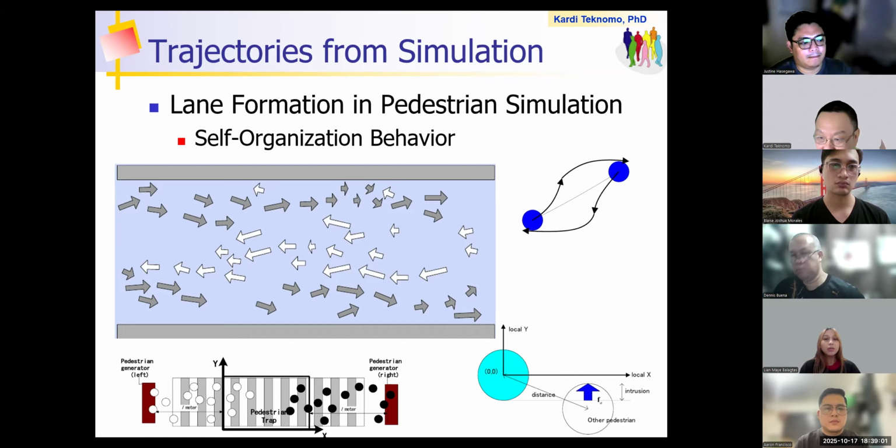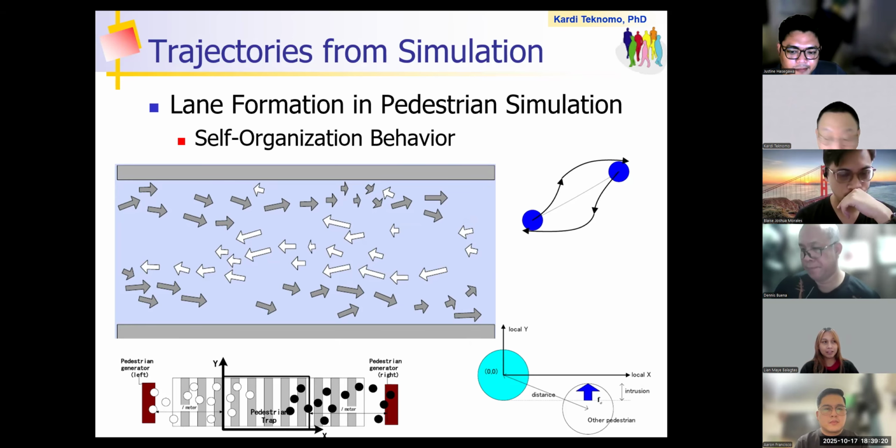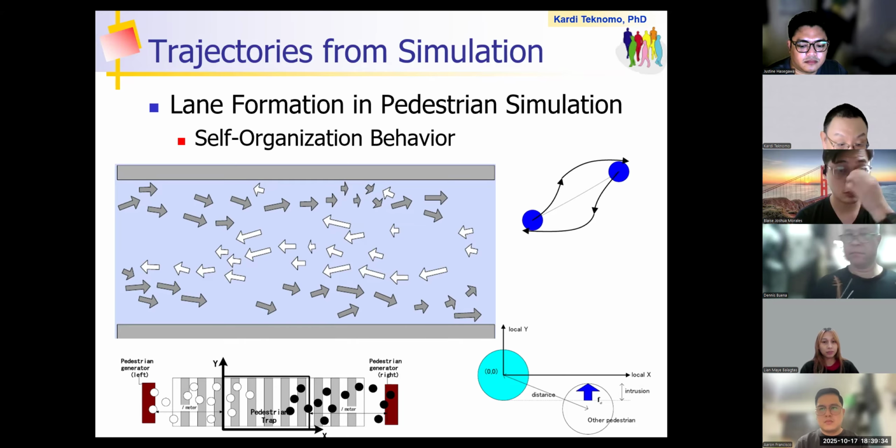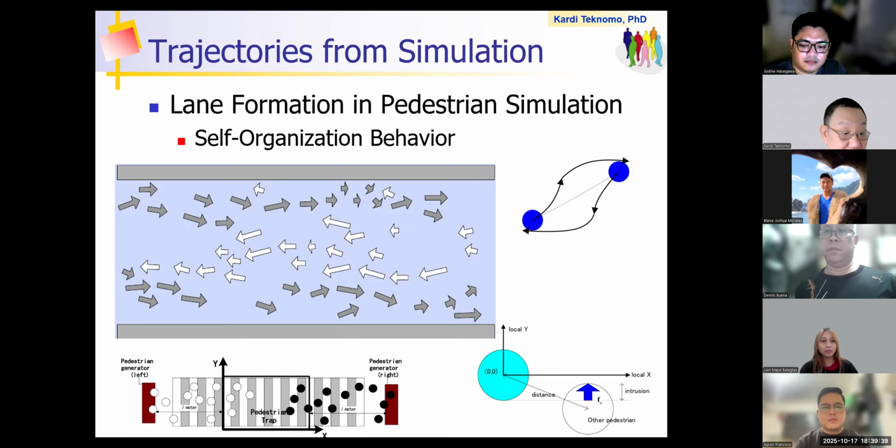Using that, you can easily make movement efficient simply by putting arrows at the beginning to separate them, then they start to create different lanes. Then the movement is more efficient, which means the traffic signal timing for them to cross the road will be reduced. It's a very simple study, but you can start to see the usefulness of trajectory.